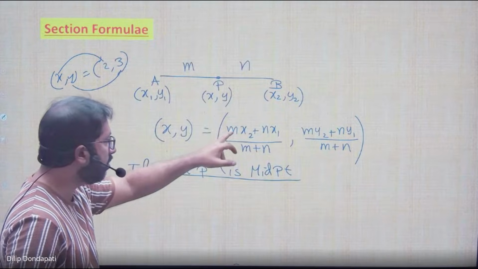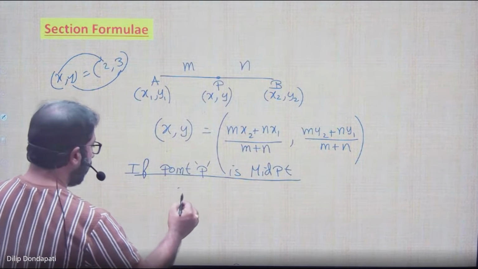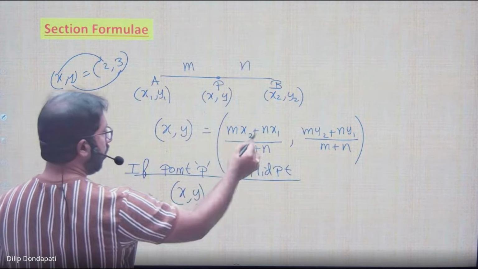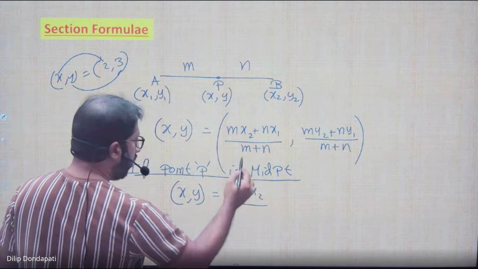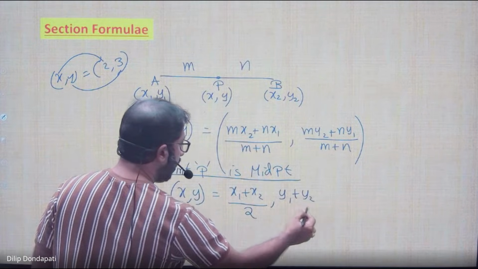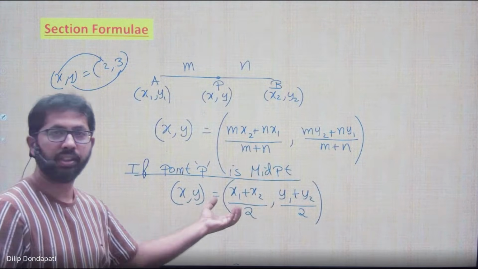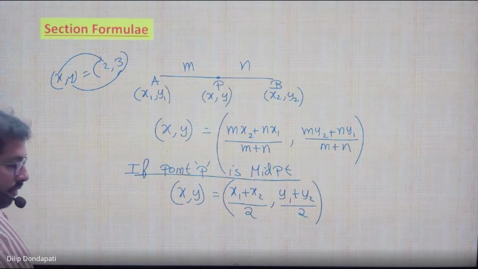Now put 1 in place of m and 1 in place of n. So what is the answer? x comma y will be x1 plus x2 by 1 plus 1 is 2, comma y1 plus y2 by 2. Whenever they say P is a midpoint, you have to use the average: x1 plus x2 by 2, y1 plus y2 by 2. Very important formula. Write it down.